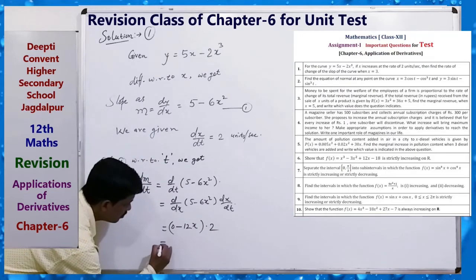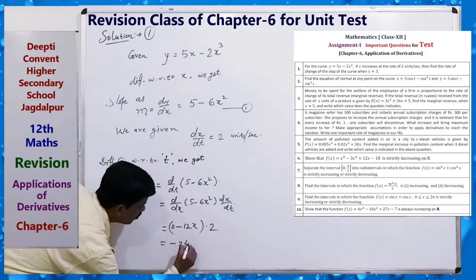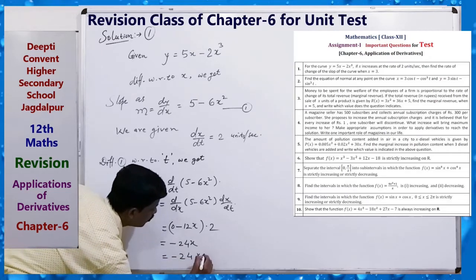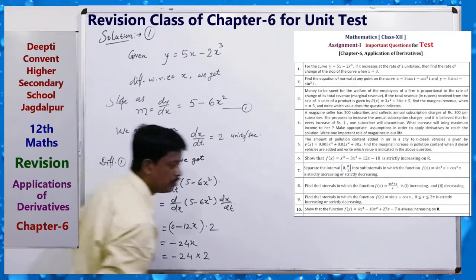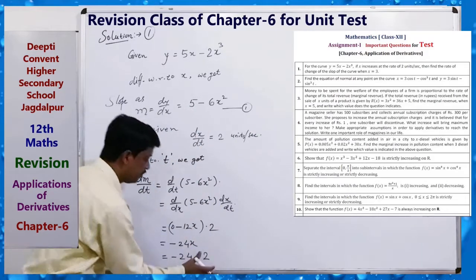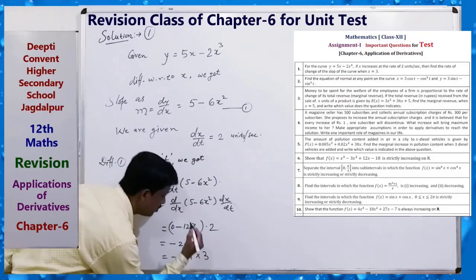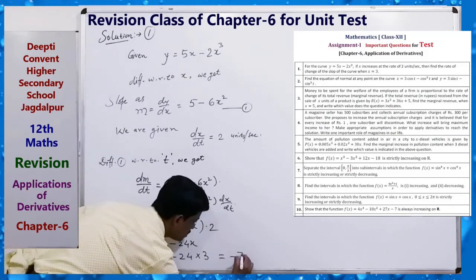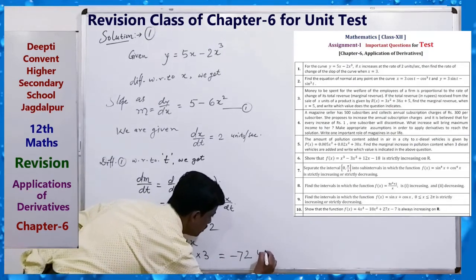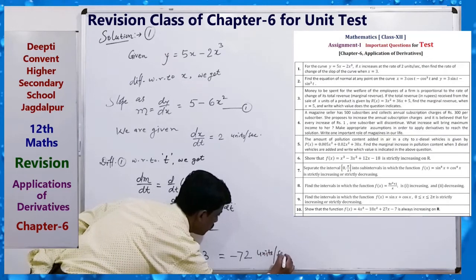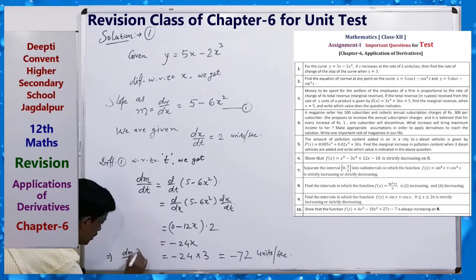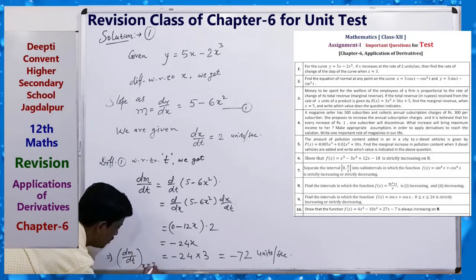So this equals minus 24x, which is minus 24 into 3, for the particular value 3, equals minus 72 units per second. So this is dm upon dt at x equals 3.